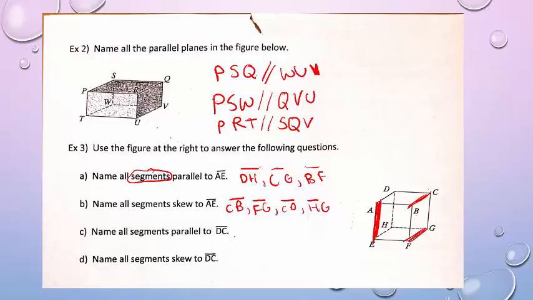So we're going to name segments that are parallel to DC. There's 3 of them. HG, EF, and segment AB.